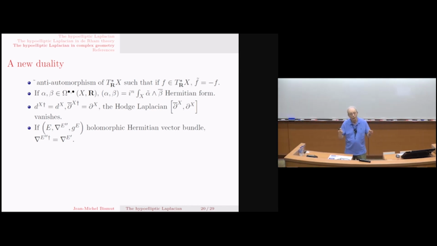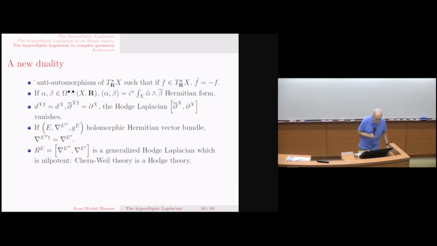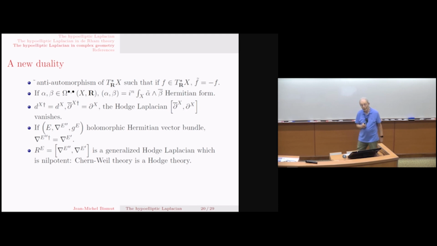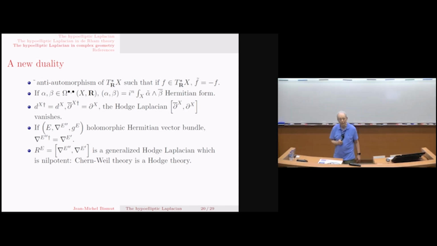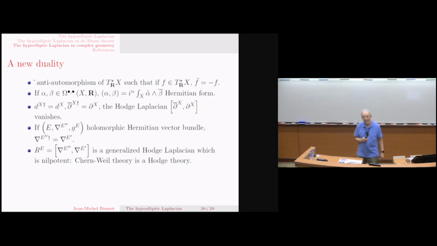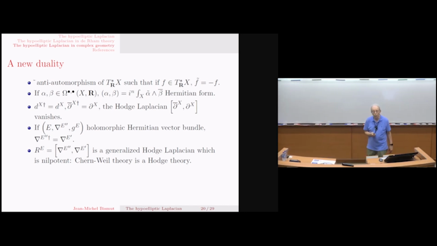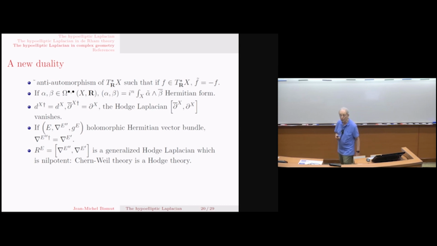That's the Chern connection. The Chern connection is made of two components, nabla E second and nabla E prime, which depends on the metric. So the curvature of the vector bundle, which is the anti-commutator of nabla E second and nabla E prime, can now be viewed as a sort of generalized Hodge Laplacian.